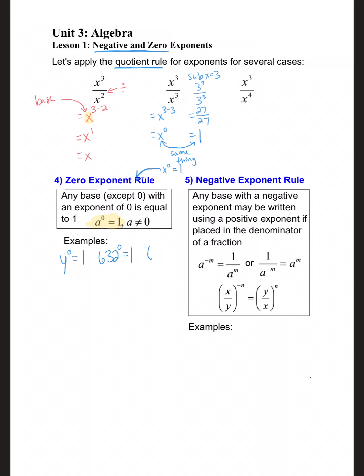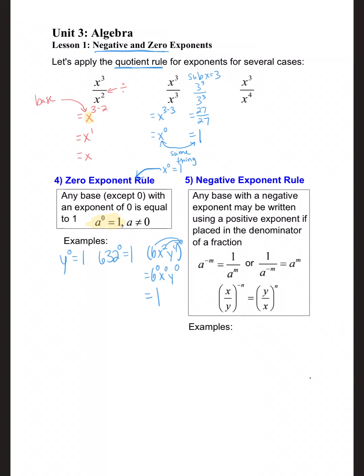So if we had 6x squared y to the power of 4, and I took that whole term and raised it to 0, I'm going to distribute that 0 onto everything inside the bracket. So I'll have 6 to the power of 0. If it's a power of a power, we multiply, so 2 times 0 is 0, and 4 times 0 is 0.